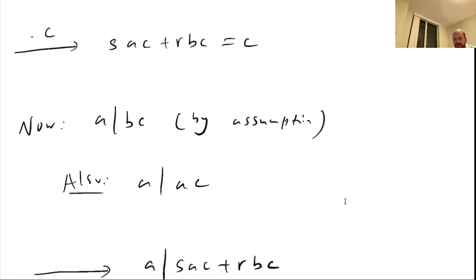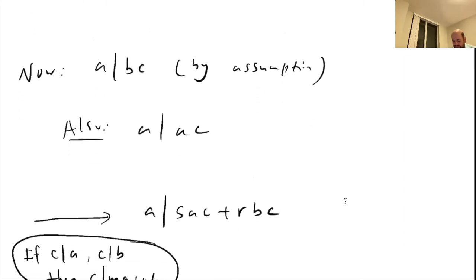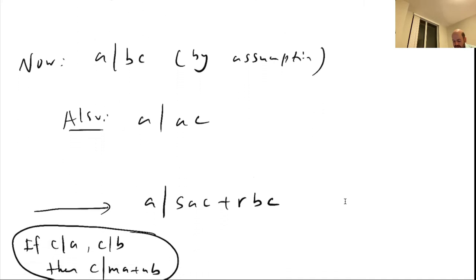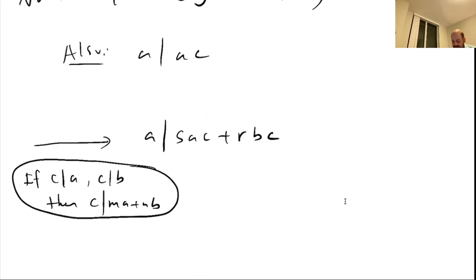A divides any multiple of BC plus any multiple of AC, so A divides SAC plus RBC. And what is SAC plus RBC? According to this equation, it is just C, which is what we needed. So using Bezout's identity, you saw that the proof was simple.